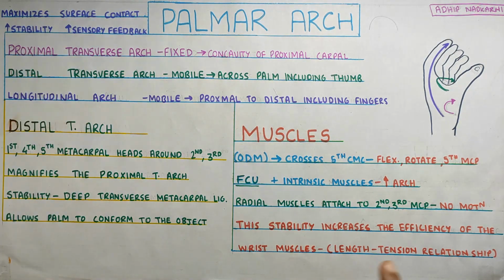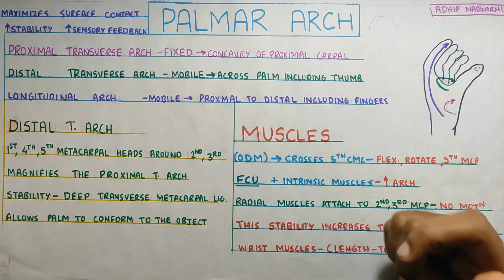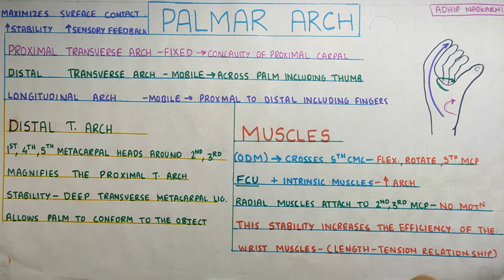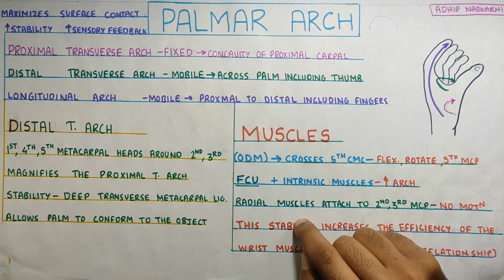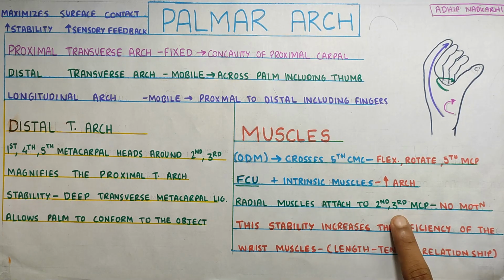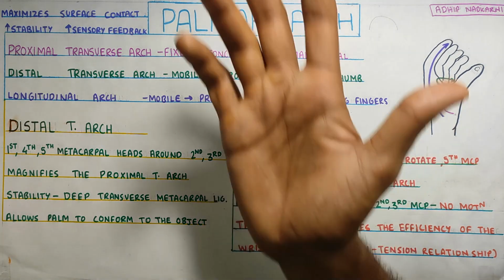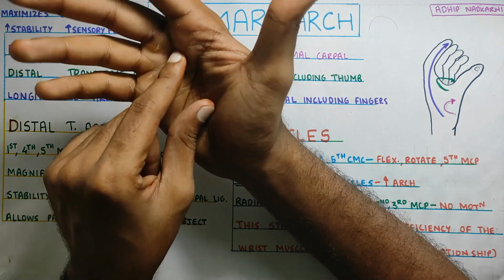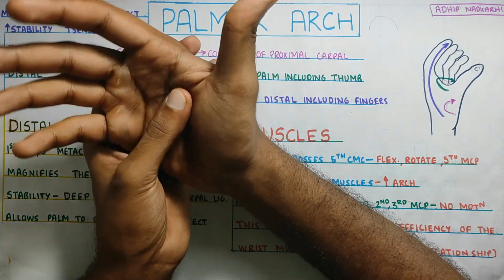So hence the efficiency of your wrist muscles increases because of this stability created at the second and the third carpo-metacarpal joint. And this is called your length tension relationship. Meaning if these were mobile, what would have happened? This would have shortened over here, right?